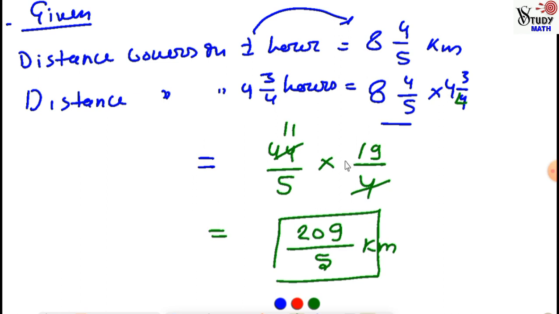In decimal fraction we can say 1802.4 kilometer. This is the answer in decimal form. In a mixed fraction form, this is the answer.